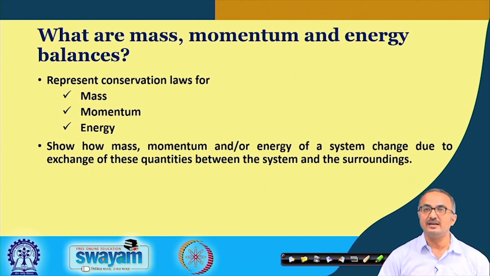And when we write the balance equation, it shows how these three quantities, mass, energy or momentum, get exchanged between the system and its surroundings, and due to this exchange, how the system itself is changing.